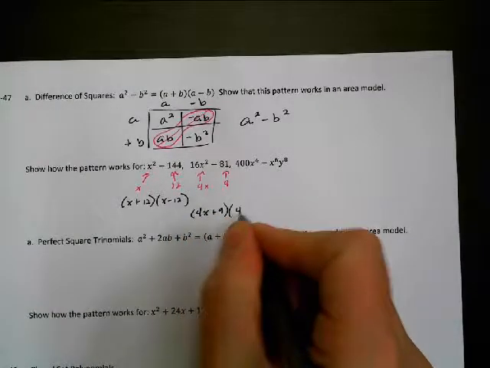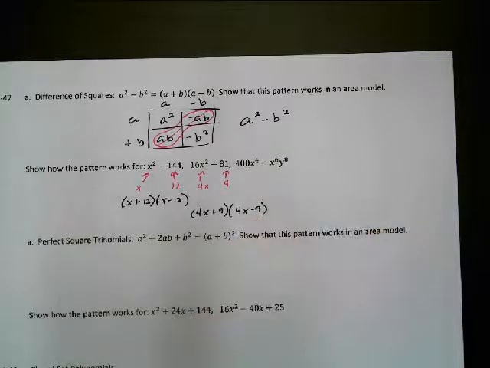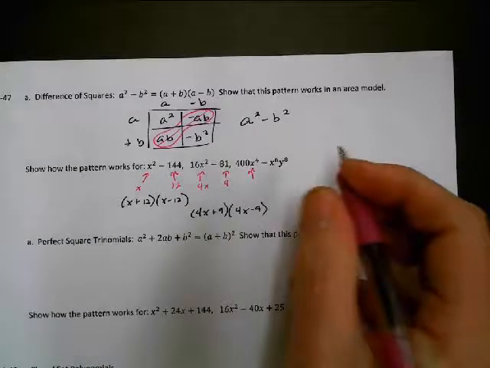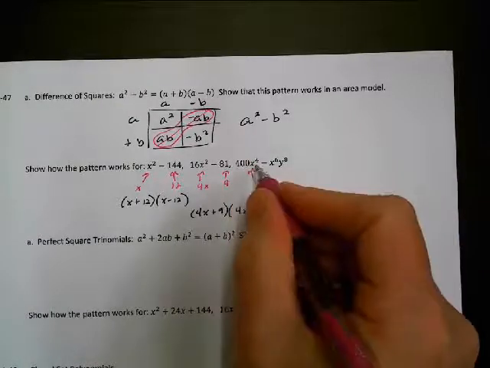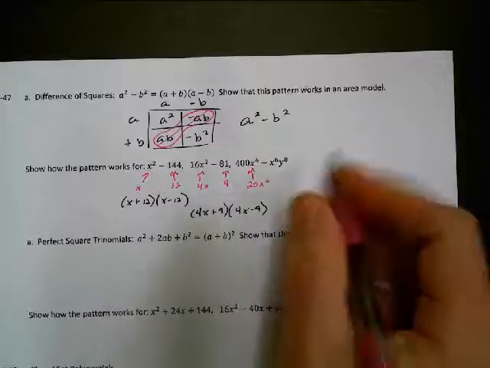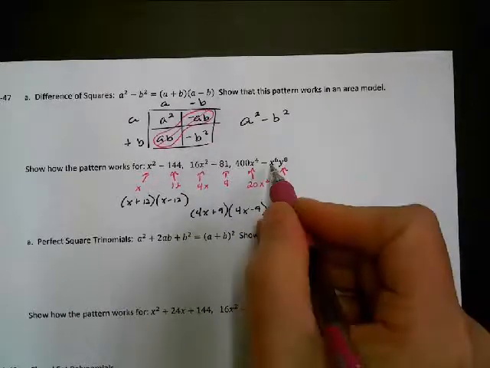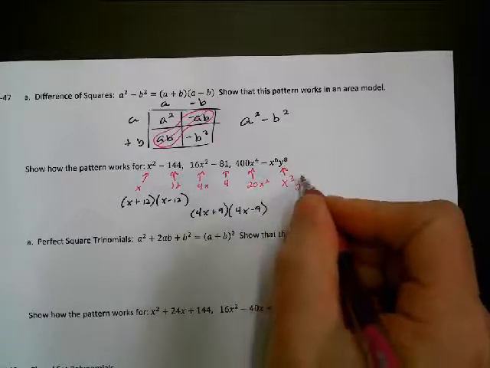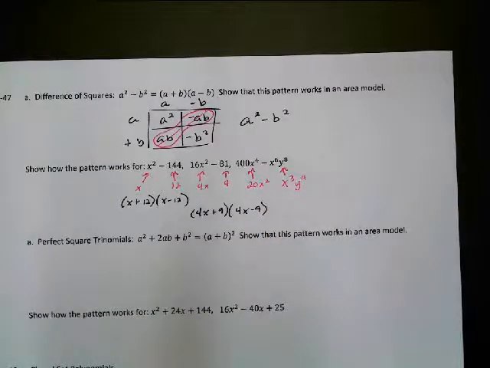This one, oh dear, what did I do here? That is 20 times 20 and x squared times x squared. So that's 20x squared. This one, this is x to the third times x to the third, and this is y to the fourth times y to the fourth. Because remember, when you multiply terms with exponents, you just add them.